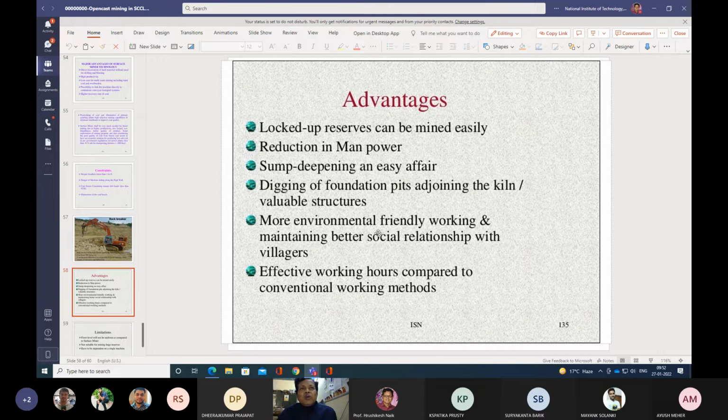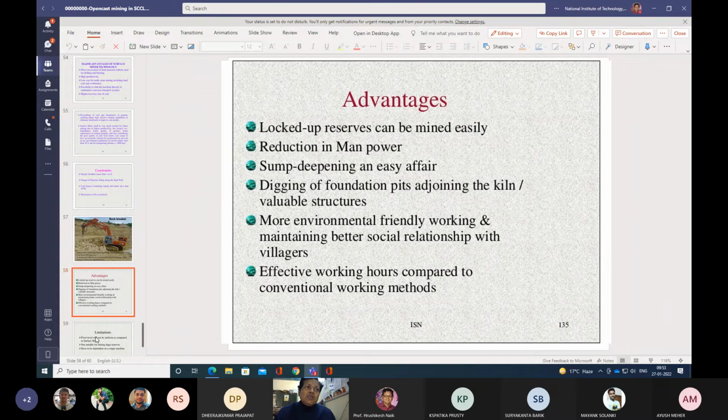More environment friendly working and maintaining better social relationship with the villagers. No need of drilling and blasting. Effective working hours compared to conventional working methods. This is all about rock breakers. We have finished the surface miner technology, this is rock breaker. So these are the advantages of your rock breaker.